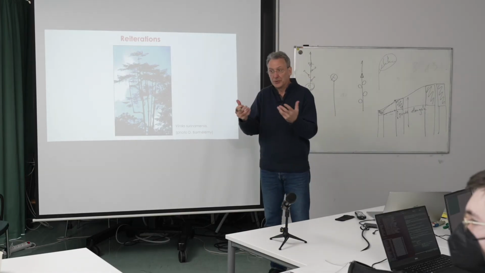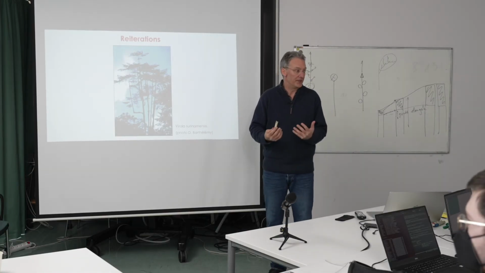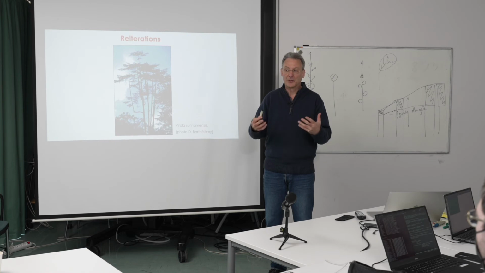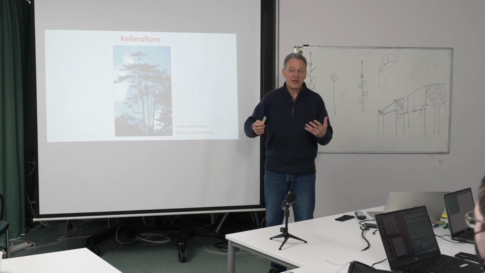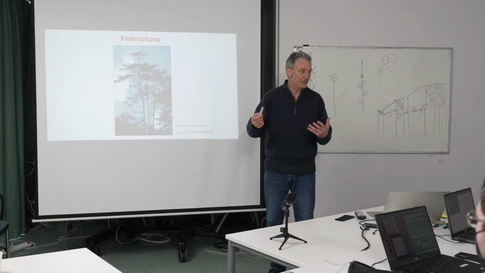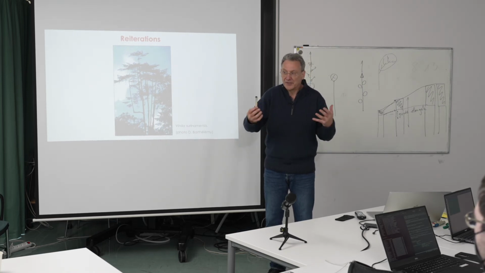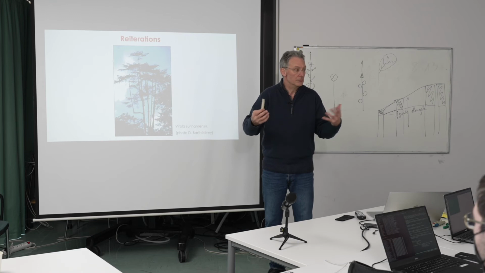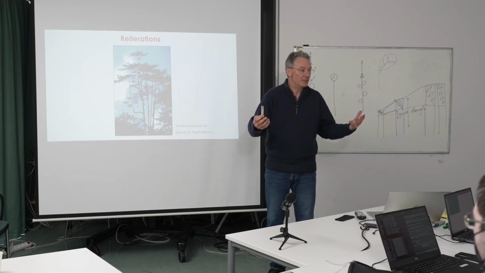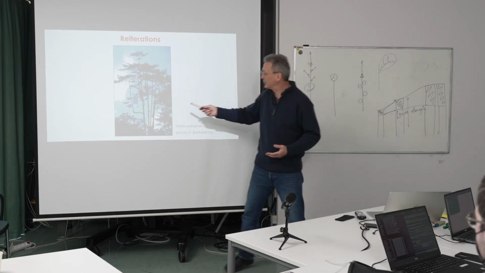Then if you continue to grow, the tree won't stop at this point, but will start a transformation process by reiterating part of its structure. So it will stop, in a way, producing new elements that were not seen before, but will start to reiterate.